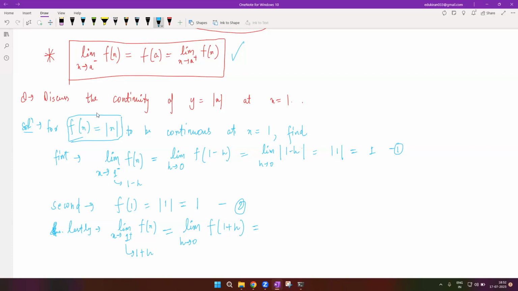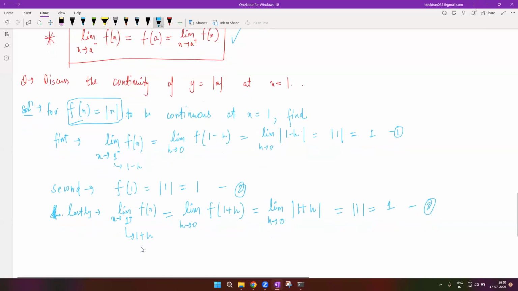Now I will replace this in this function. I know the function is f(x) is equal to mod x. So if I'm replacing x with 1 plus h, I will also replace x with 1 plus h in the right hand side. So this becomes limit h tends to 0 mod of 1 plus h, right? Now you put h is equal to 0, you get mod of 1, which is also 1.